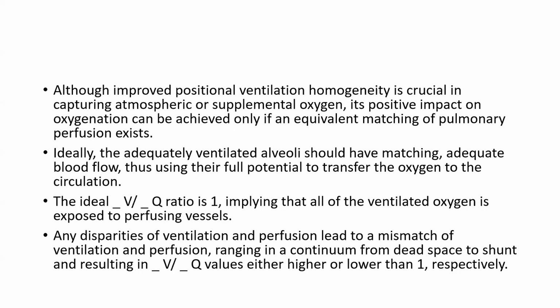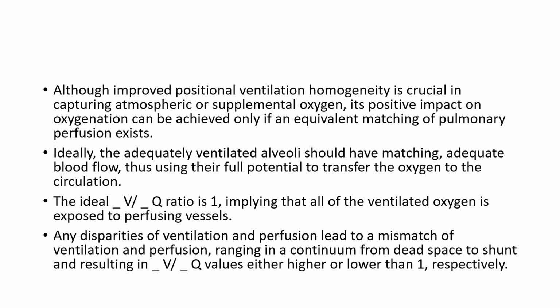Although the improved positional ventilation homogeneity is crucial in capturing atmospheric and supplemental oxygen, its impact on oxygenation can be achieved only if equivalent matching of pulmonary perfusion exists. Ideally, the adequately ventilated alveoli should have matching and adequate blood flow, thus using their full potential to transfer oxygen to the circulation.